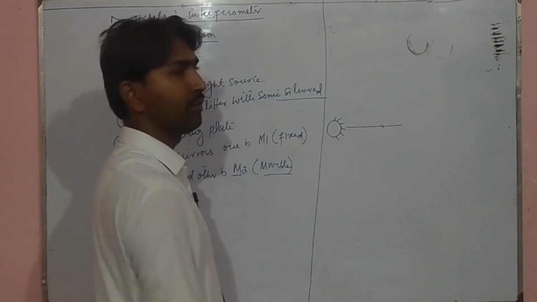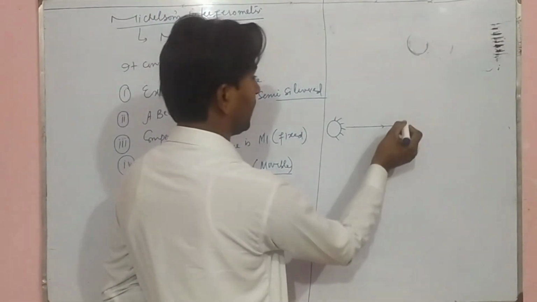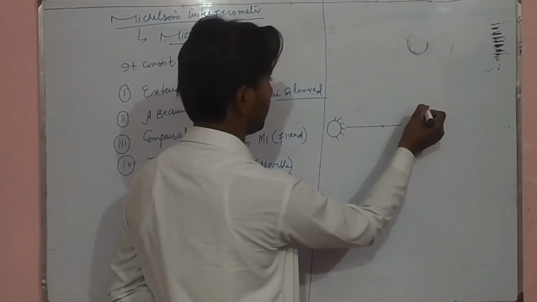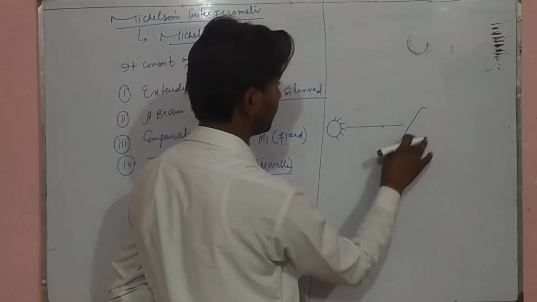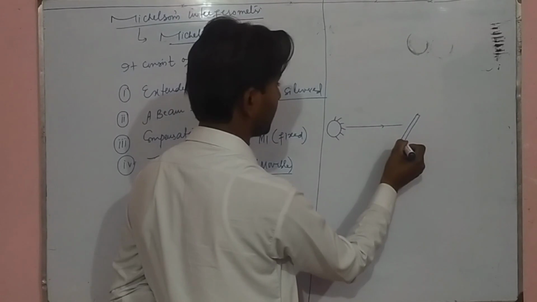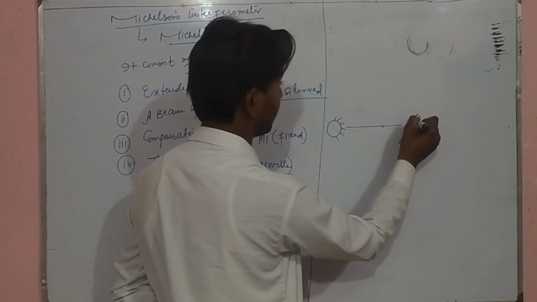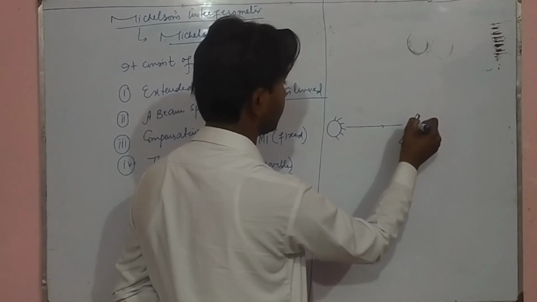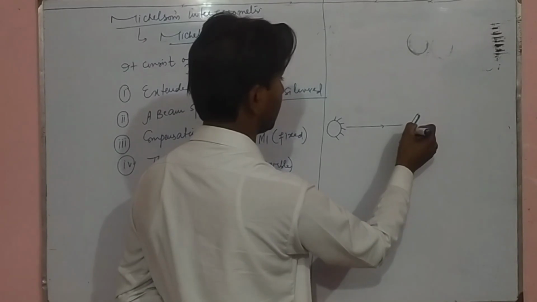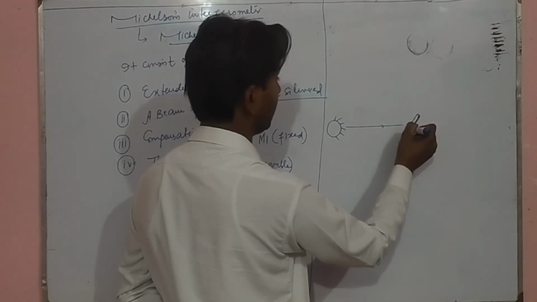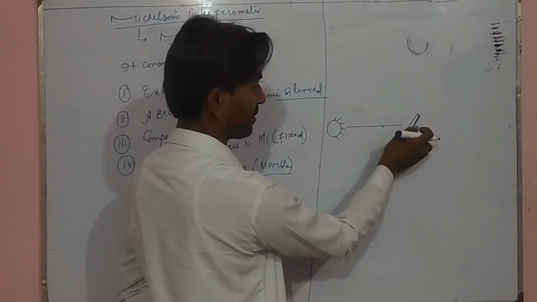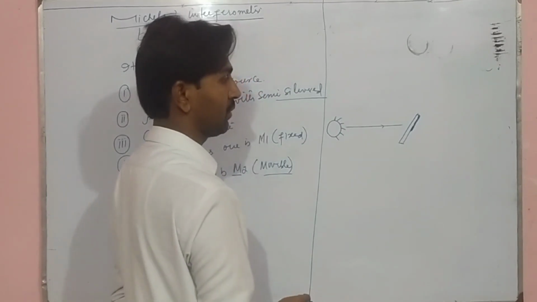We take only one radiation. In its path, a semi-silvered plate is placed. This is semi-silvered, partially silvered plate. Half of its side is polished and the remaining half remains unpolished.